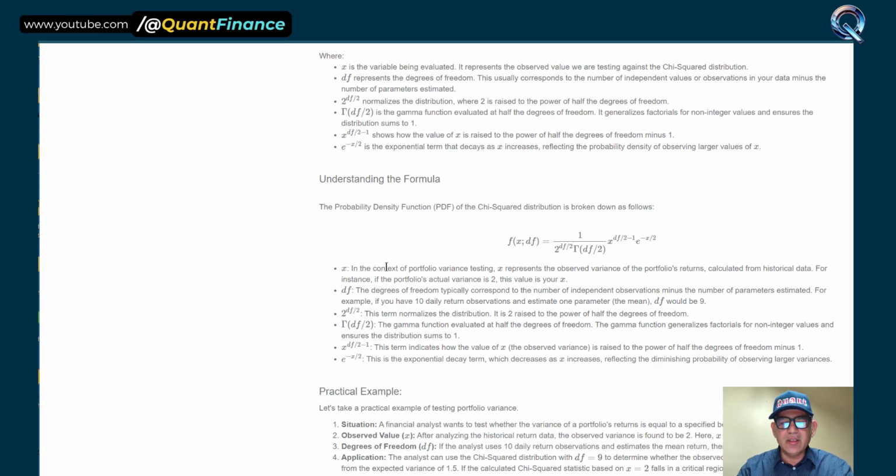In order to understand the chi-square distribution, we have to take one example, and we decided to take portfolio variance testing. There are some other applications of the chi-square distribution in quantitative finance, but we will talk about that later.